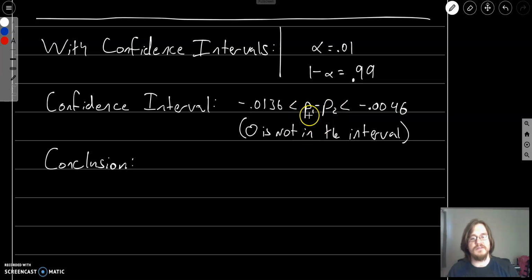Furthermore, we can say the following. P1 minus P2 is negative, which should indicate that P2 is the bigger number. We take a number and we subtract something that's bigger from it, we'll get a negative number.